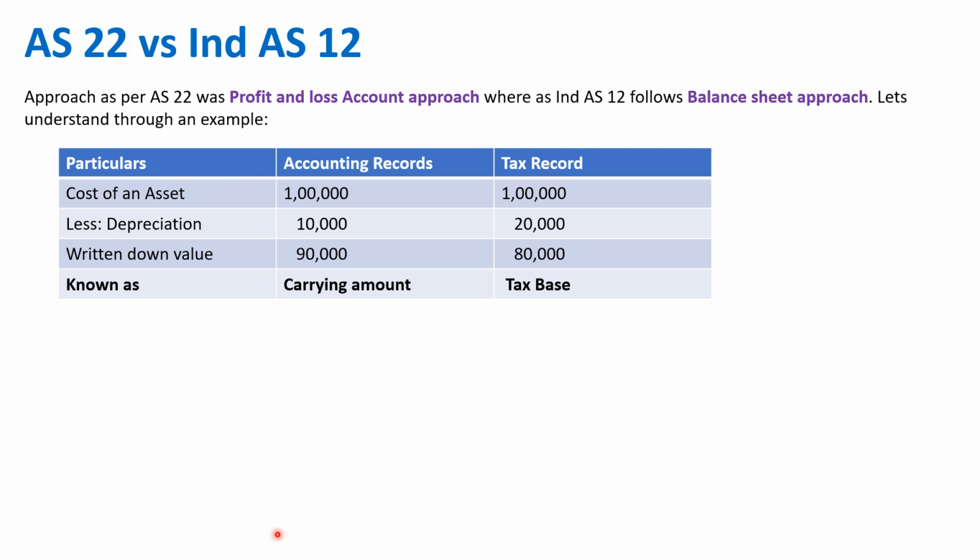The written down value under accounting records is 90,000 rupees, whereas under tax records it is 80,000 rupees because of higher depreciation. This 90,000 rupees, reported under accounting records, is called the carrying amount of the asset, and the 80,000 reported under tax records or income tax laws is called the tax base.